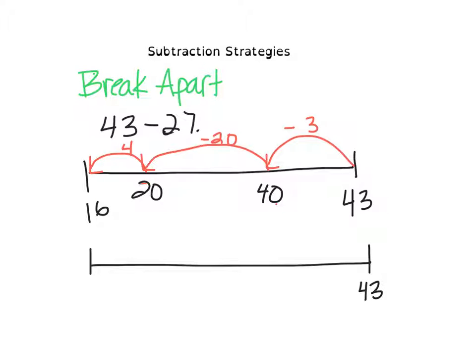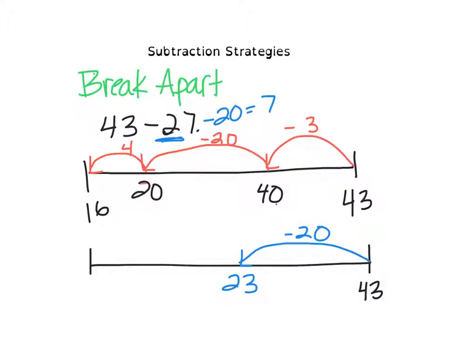You could break it apart where we are taking, let's say, our 20 first, because we like to take that big tens group away. So now we have 23. And because we took 20 away, we're left with 7. We still have to make it all the way to the end.